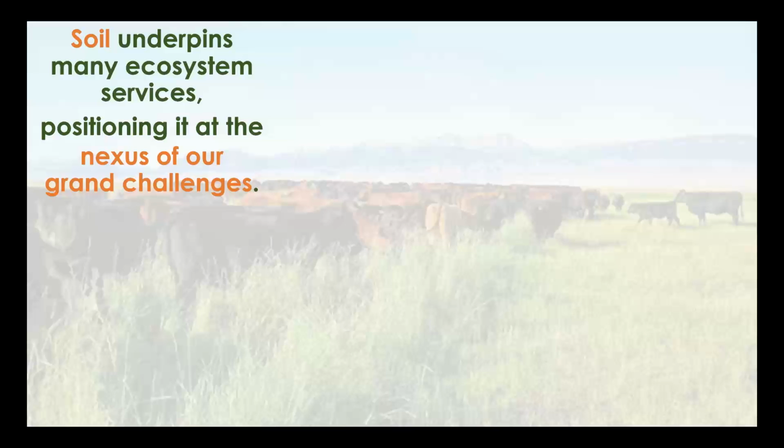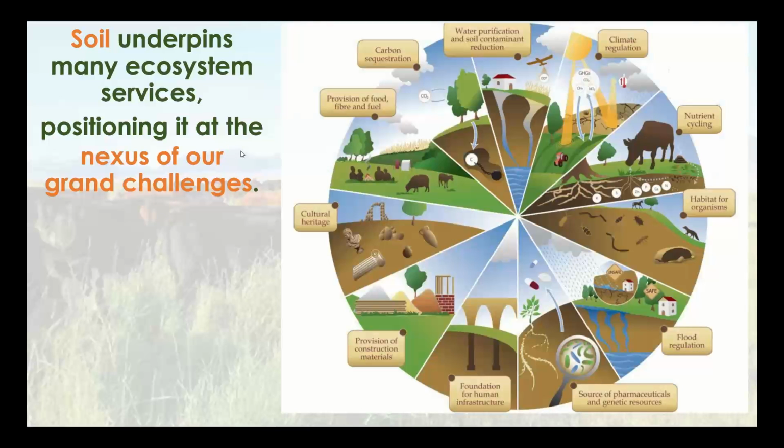As production increases, we also have to find ways to reduce the environmental impacts of that production. The soil and the ecosystem services that it provides underpin that need both to provision and to reduce those environmental impacts. Soil contributes to ecosystem services everywhere from nutrient cycling to biodiversity to the focus of the presentation today, which will be carbon sequestration.